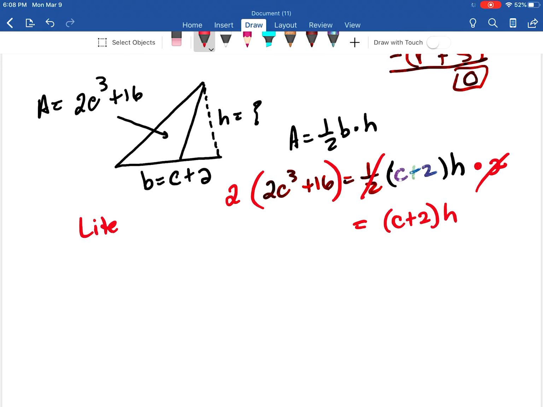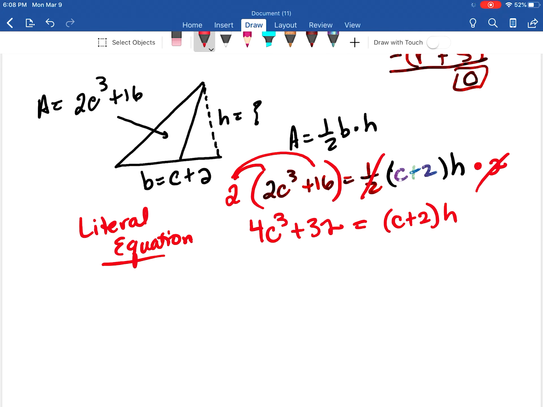Note, to go back to the beginning of the year, this is a literal equation. We're solving for a variable. Now, when I distribute this 2, I need to distribute to the 2c cubed and the 16. So that's going to become 4c cubed plus 32.